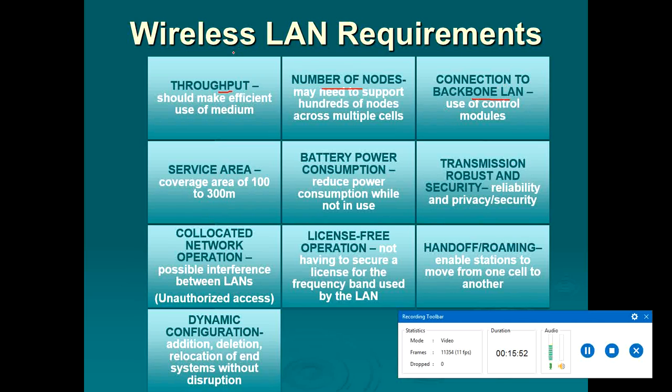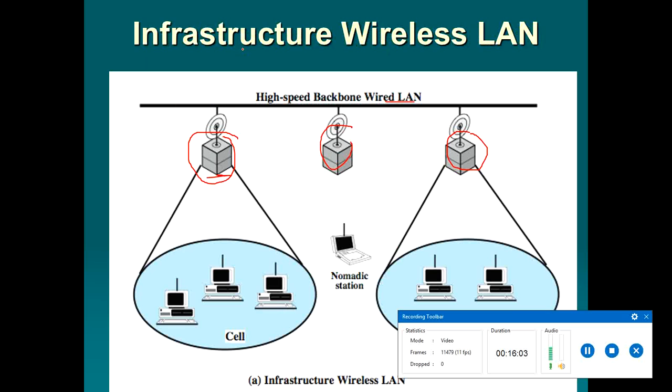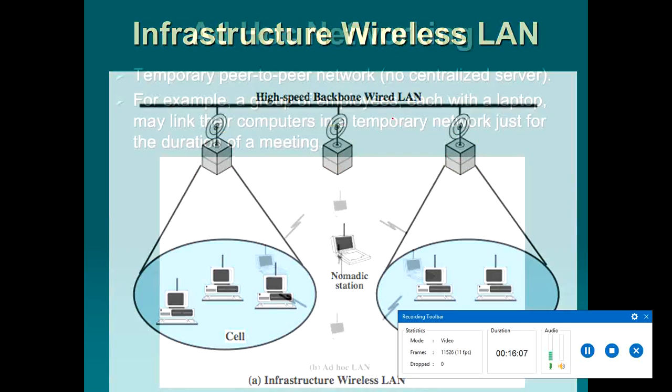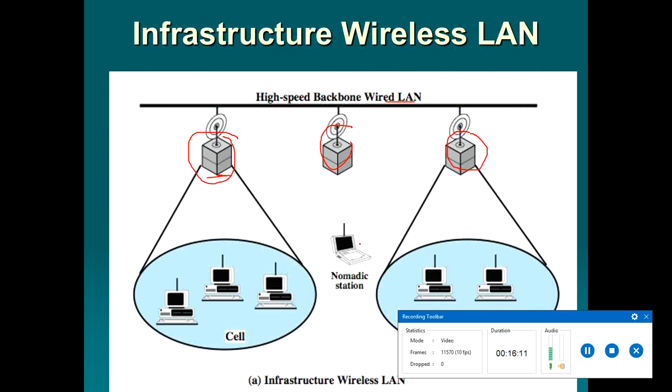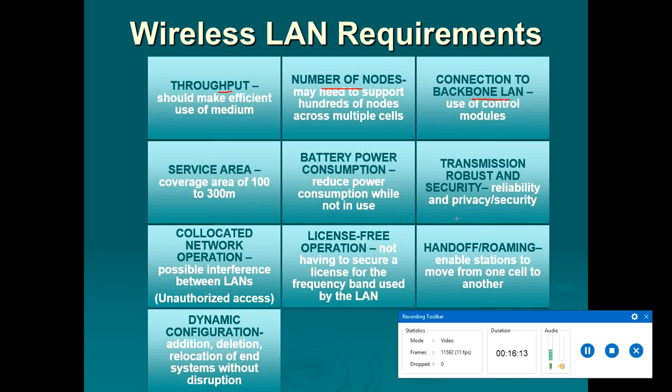Ad hoc networks are a category of the wireless LANs, but they are infrastructure-less wireless LANs, whereas this is called infrastructure wireless LANs. These are called infrastructure-less wireless LANs because no infrastructure is required.